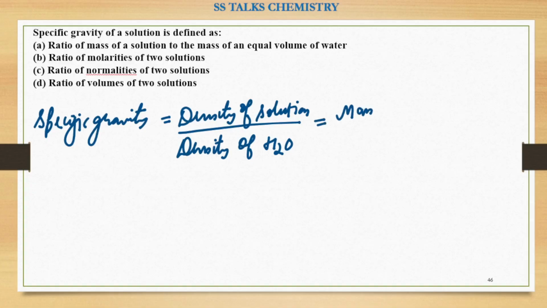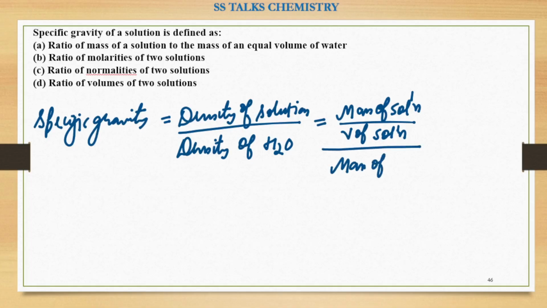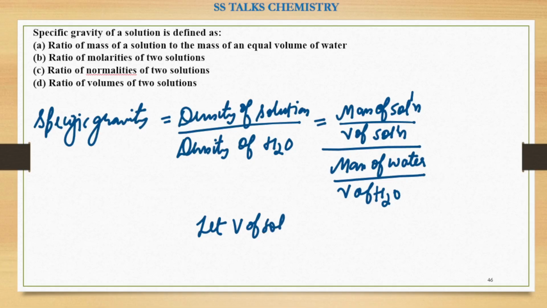So it is mass of the solution upon the volume of the solution, upon the density of water, which we can write as mass of the water upon the volume of the water. If the volume of the solution and the volume of the water are equal, let the volume of the solution be equal to the volume of the water.